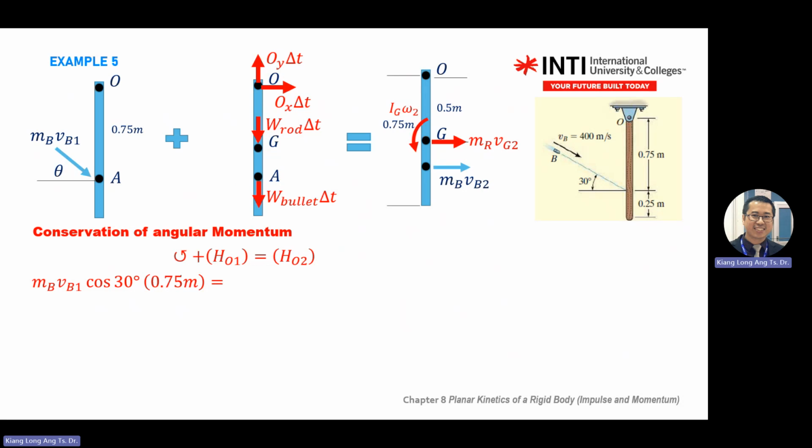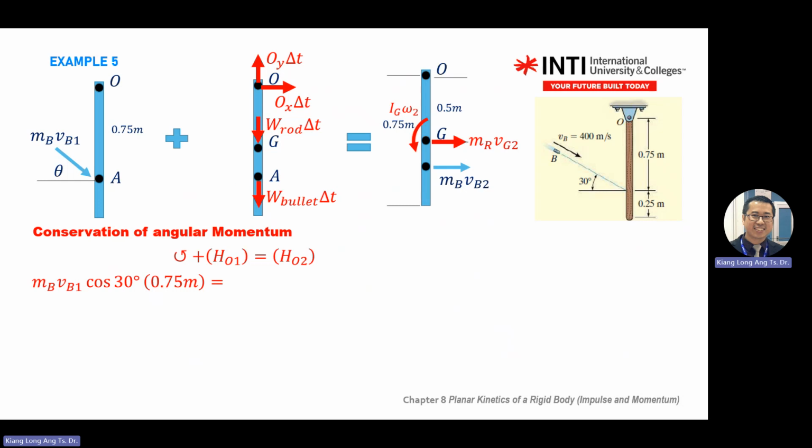When you change this into x and y, you know that the y-axis does not generate moment. Y does not generate moment, x only generates moment. So this is the direction of x. How do you find the x direction? mv cos theta. You get the x direction arrow here. So here, mv multiplied by 0.7, you get the moment.